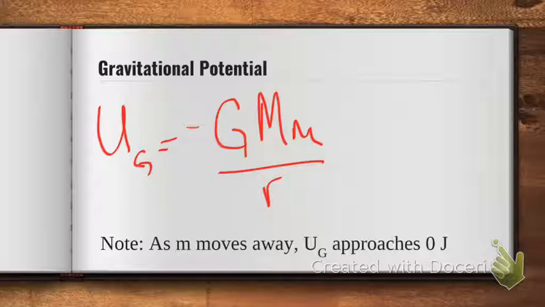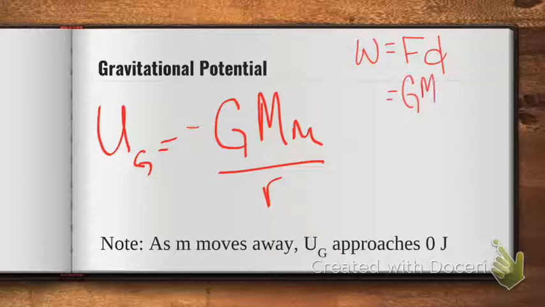Now I can do this though. If you bring an object in, at its core, work is equal to force times distance, right? So let's see what happens. Force of gravity is G big M little m over R squared. And the distance that you're bringing something in or out is basically your R. So you see why it's over R now?